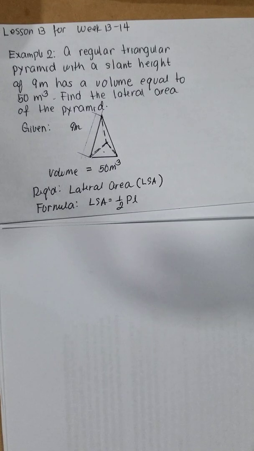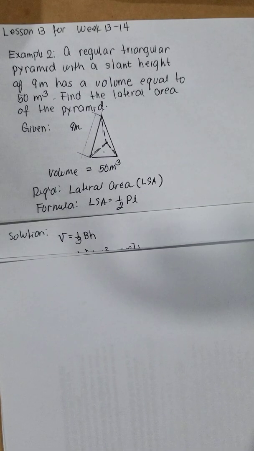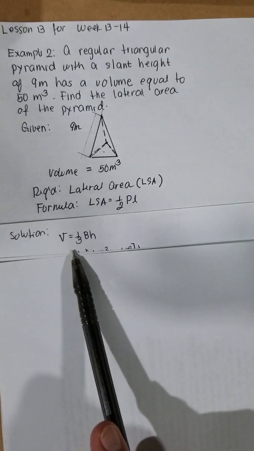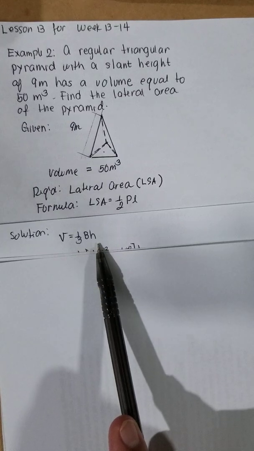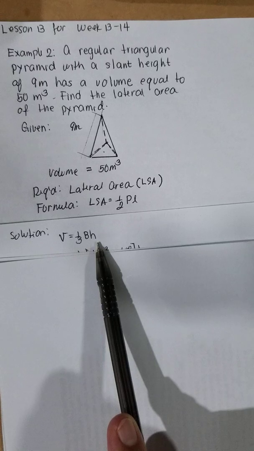We begin with the volume formula, which is volume is equivalent to 1/3 base multiplied by the height. Then substitute the volume, which is 50 cubic meters, in the formula for volume.